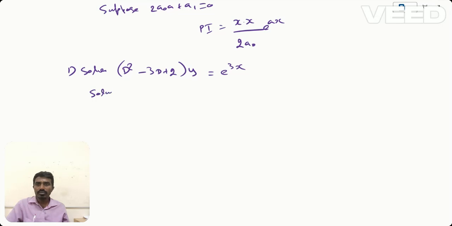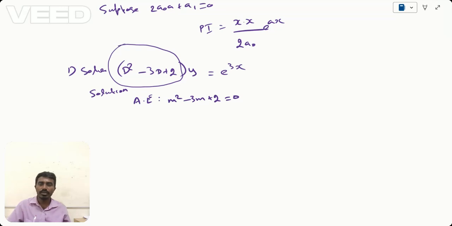Solution. First write the auxiliary equation. The auxiliary equation of this differential equation is m square minus 3m plus 2 equal to 0. From the differential operator, you replace d by m, then you get the auxiliary equation.